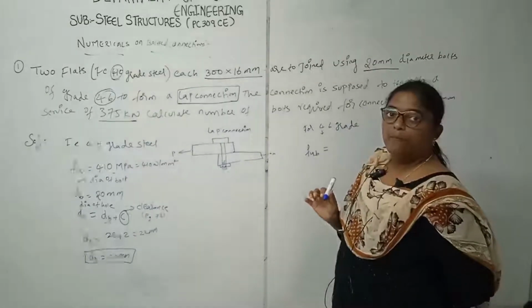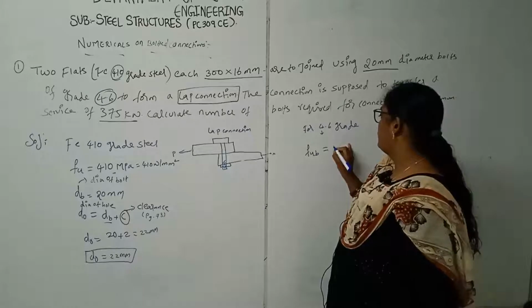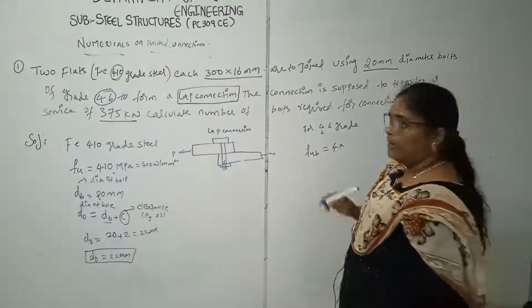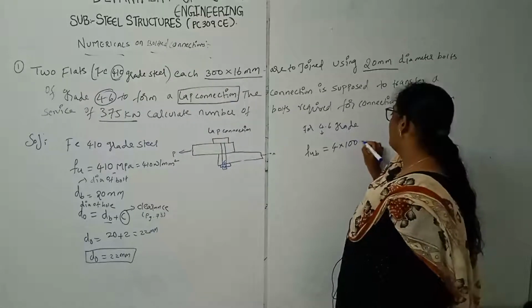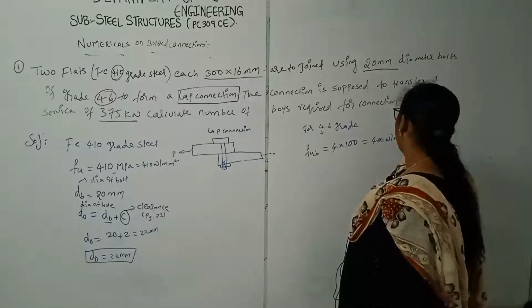So here it will be 4 into 100, that will give rise to 400 Newton per mm square.